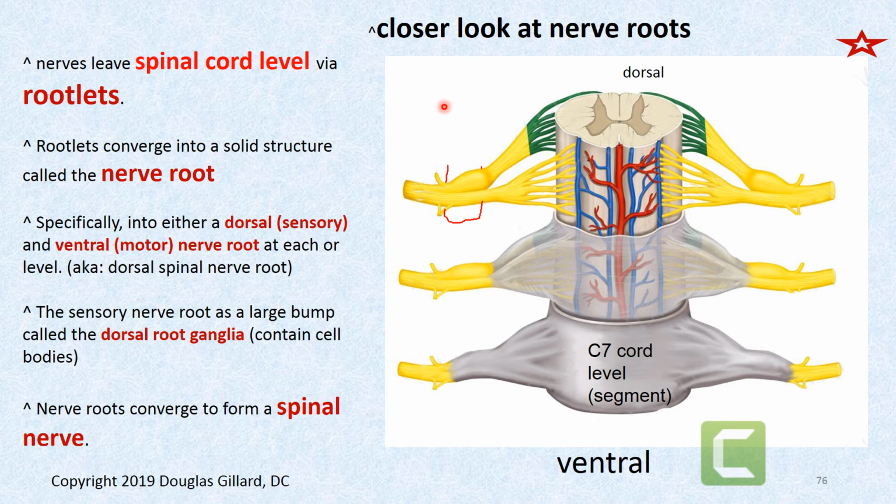The neuroforamen would go like this, because the neuroforamen, almost, not always, but most of the time, protects the dorsal root ganglia. So once we pop out of that hole, the neuroforamen, we have a new creation. This segment is called the spinal nerve. The spinal nerve. Okay? So if this is C5 segment, this is the C5 spinal nerve.